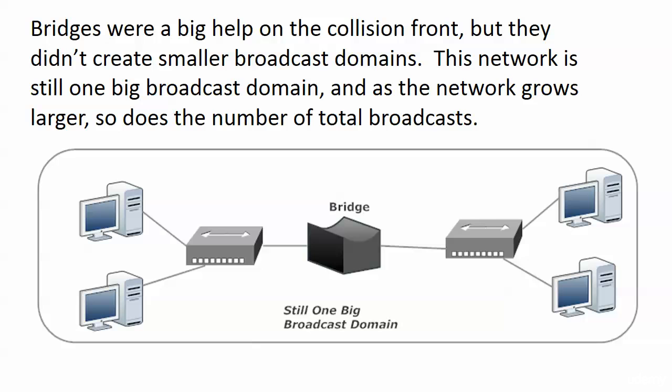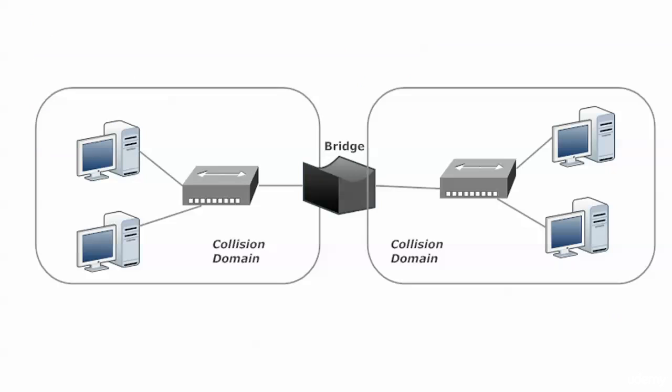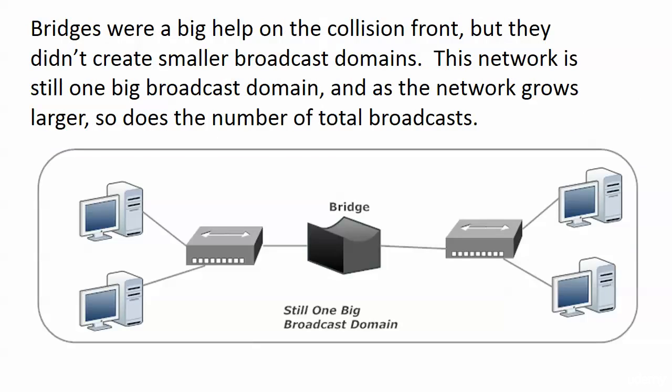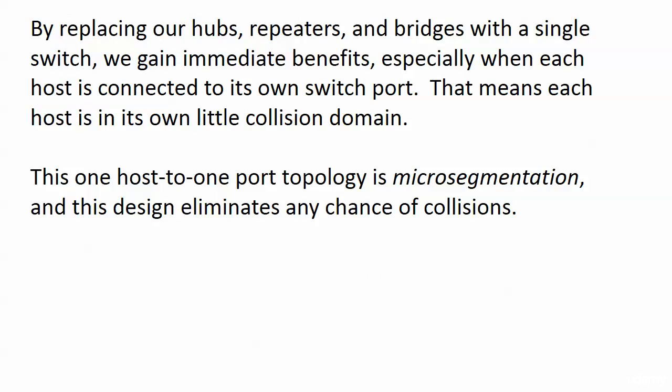And the more hosts we have, the more broadcasts we have, and the more broadcast propagation we end up with. So again, with our bridge, the big plus was being able to create smaller collision domains, which resulted in fewer collisions. The big minus, if you will, was that we still have one big broadcast domain, so our broadcast propagation is really the same.